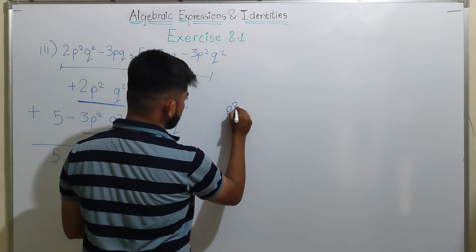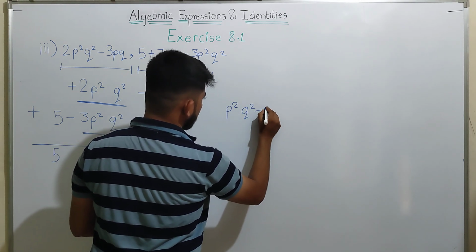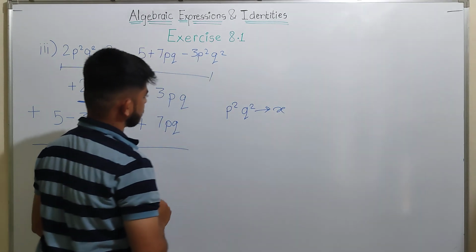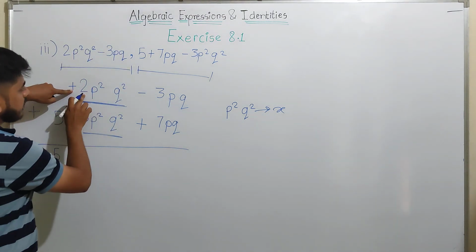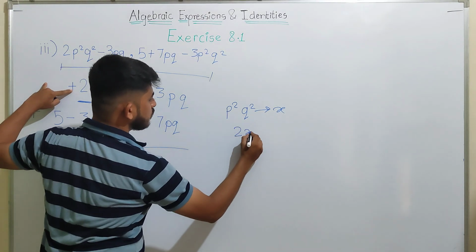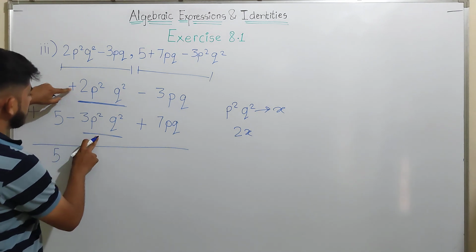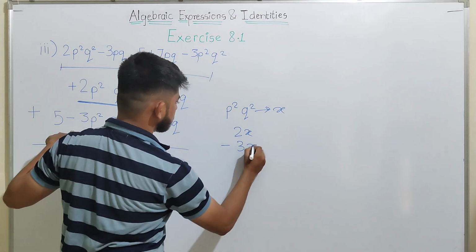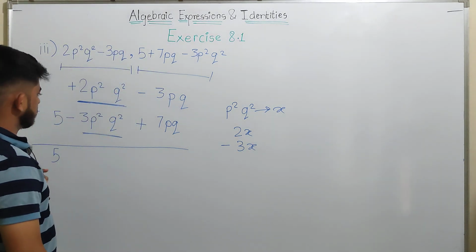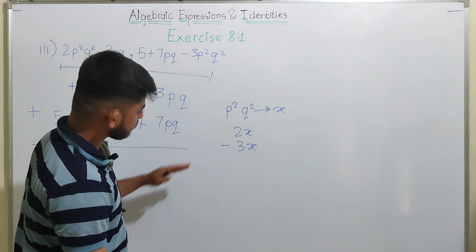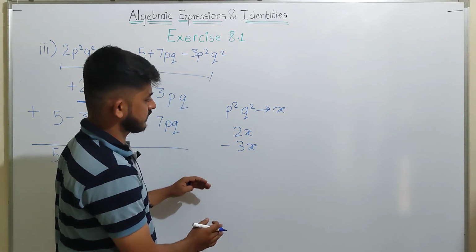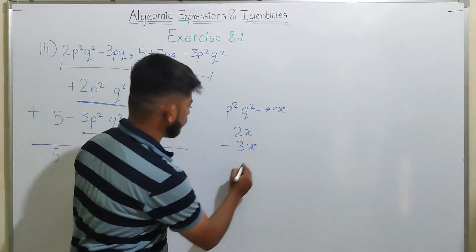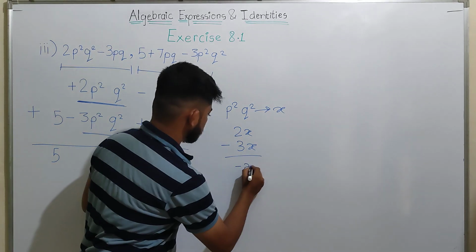So what will it become? 2x. And what will this become? Minus 3x, right? Now I want to add this. What will be the answer? Minus x.